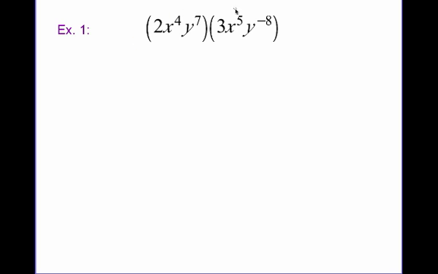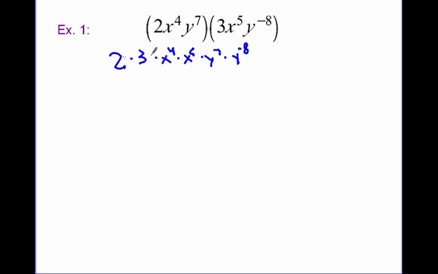So my first step is to rewrite this problem, and I'm going to pair off my like terms. So I've got 2 times 3 times x to the 4th times x to the 5th times y to the 7th times y to the negative 8th.